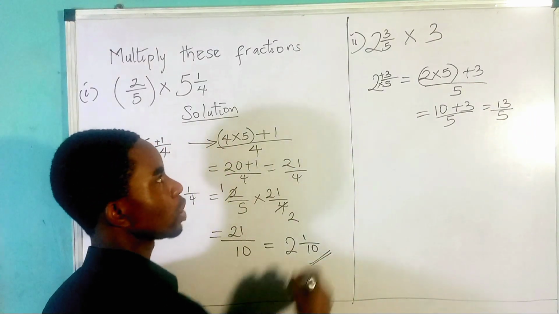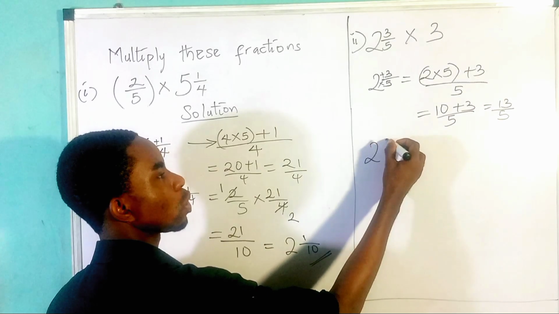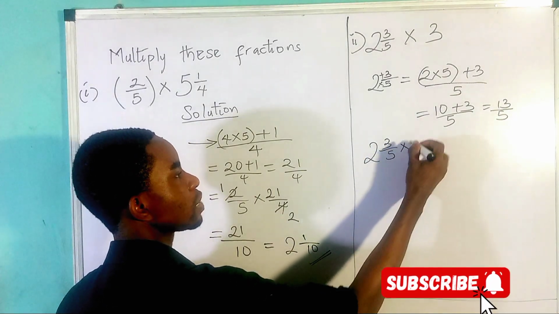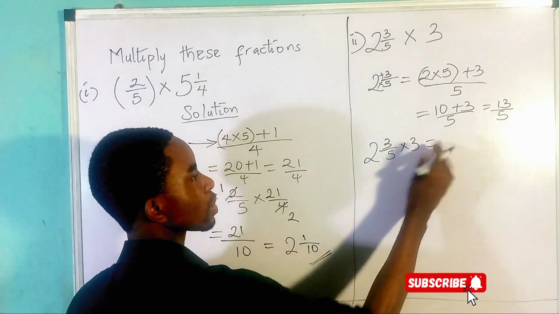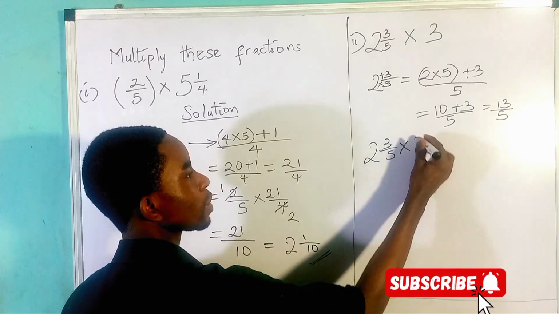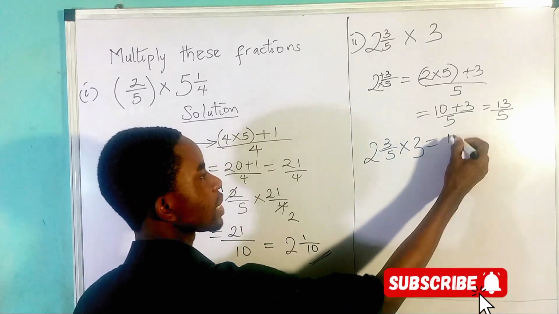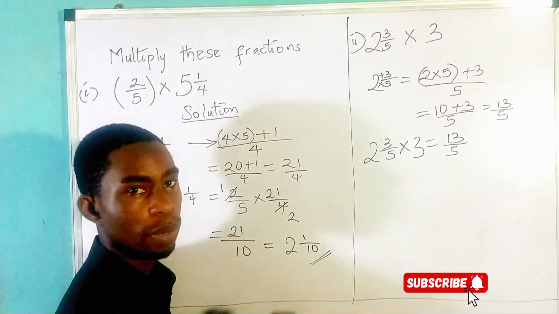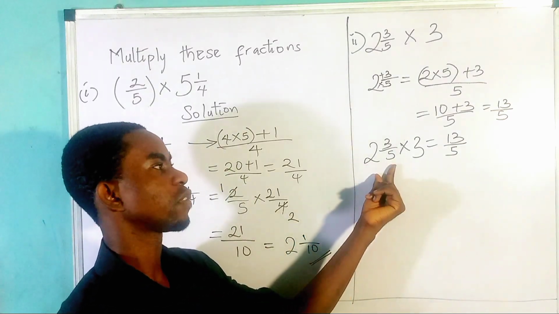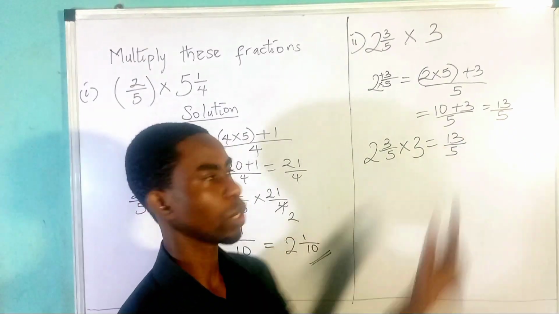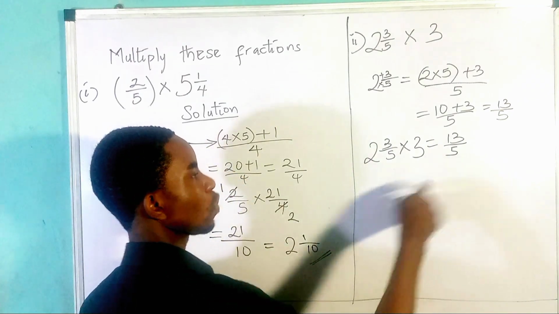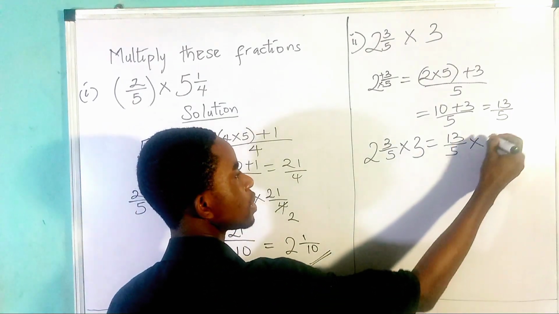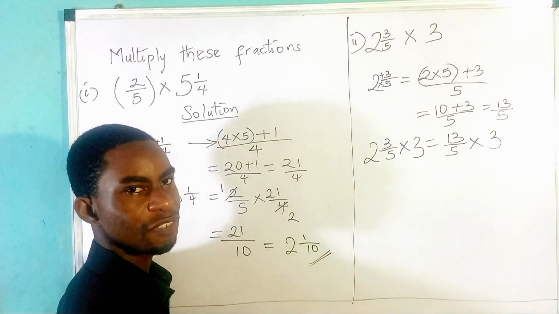So coming back to the question, we have 2 whole number 3 over 5 times 3. This 3 is a whole number. We will write the mixed fraction as 13 over 5. So that's step number 2, replacing the mixed fraction with the improper fraction we got. So 13 over 5 times 3. Now you see that that 3 is very big, right?